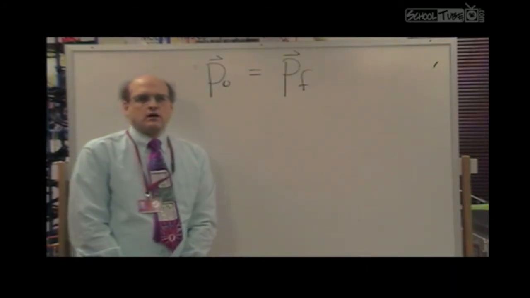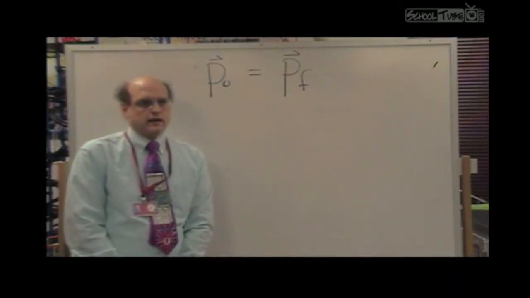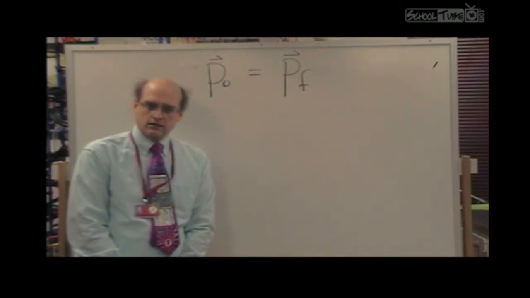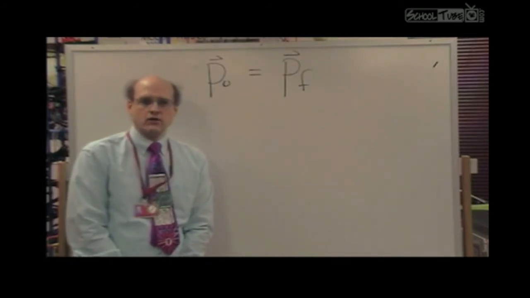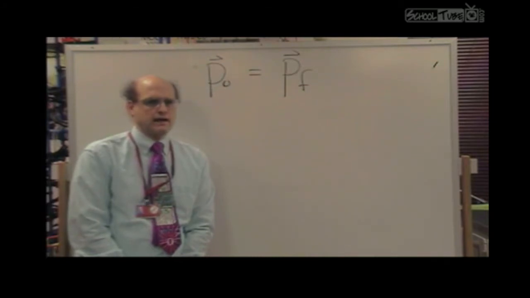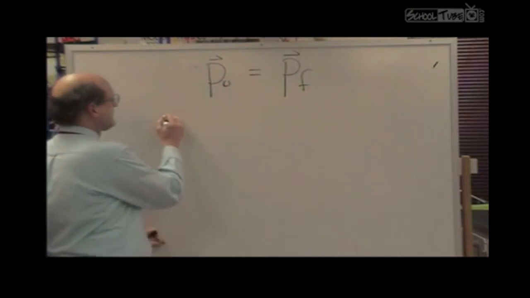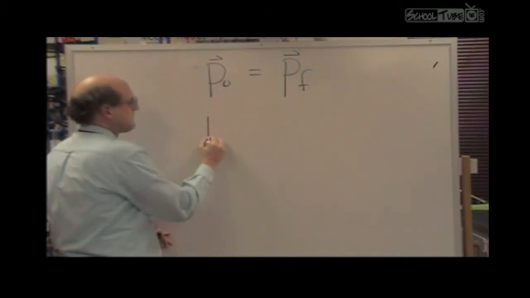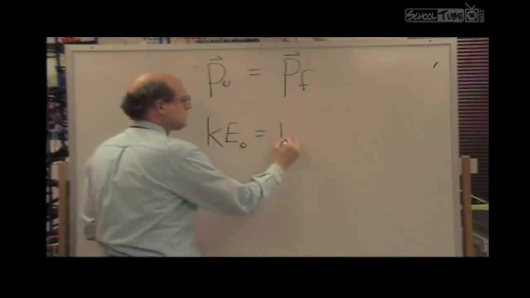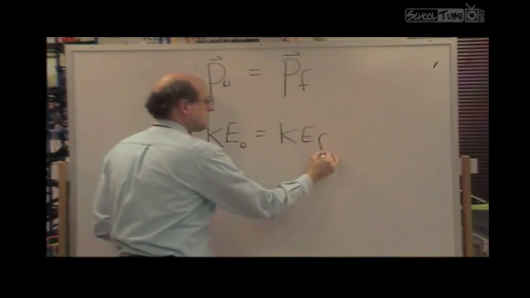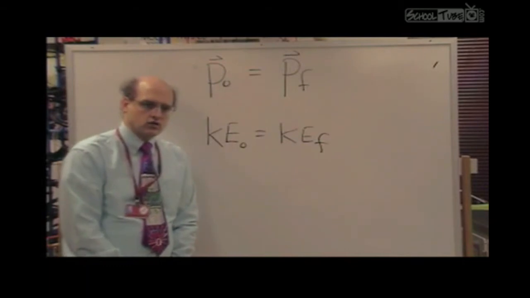Collisions. There are two types of collisions, elastic and inelastic collisions. With elastic collisions, both linear momentum and mechanical energy are conserved, that is, kinetic energy. We can write that the original kinetic energy is equal to the final kinetic energy for elastic collisions.